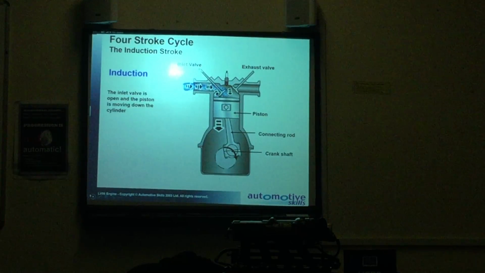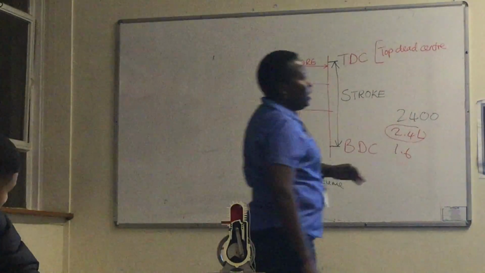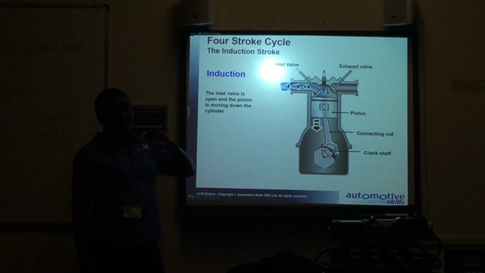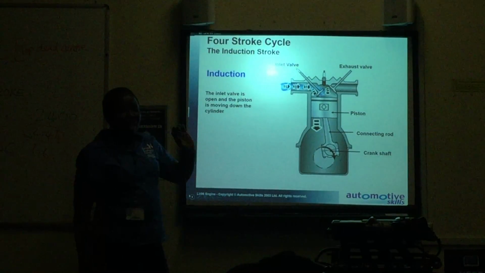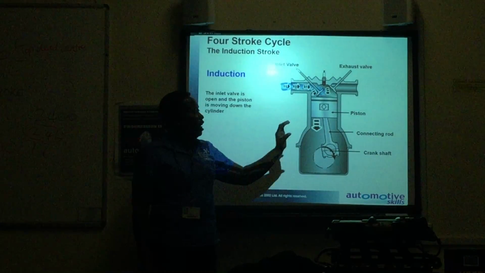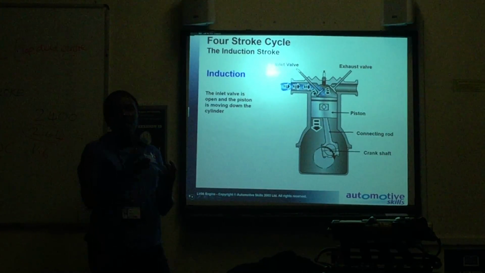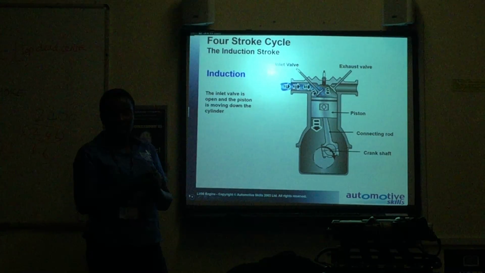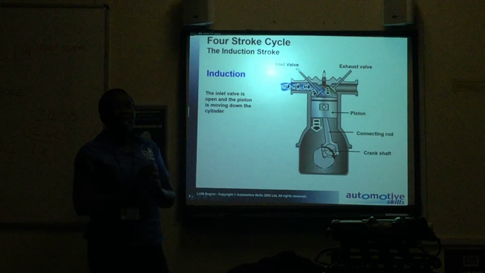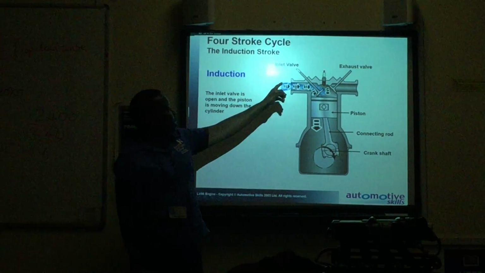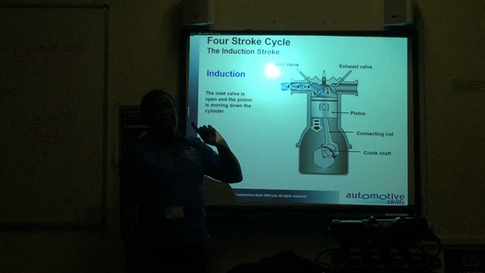During the intake stroke, the piston will be moving down. So when this piston moves down during the intake stroke, it is going to create an area of low pressure inside the cylinder because it's moving down, so a depression is going to be created. At the same time, the intake valve will open.